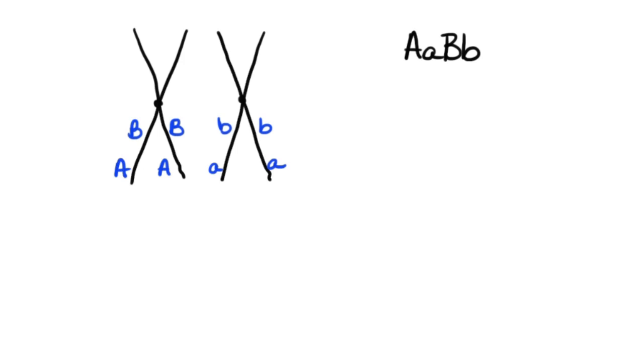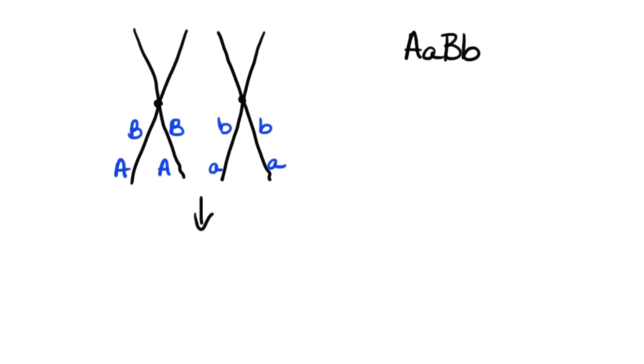Now, if these genes happen to be located on those same homologous chromosomes, as is the case here, we would expect that most of the time, the versions that are next to each other, so in other words, these 2 capital versions, since they're on the same chromosome or the same piece of DNA, they're going to tend to be inherited together.